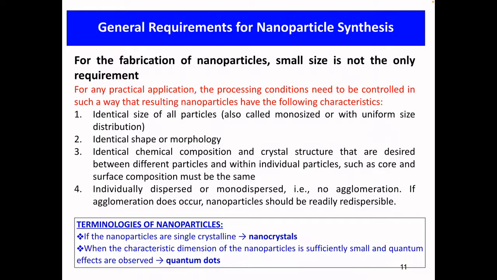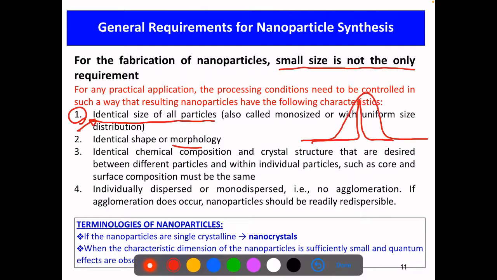And if you want to have an identical shape or morphology, okay? If you have never heard of this term before, please, again, look it up. So your particles can be in triangles, in squares, in circles or whatever, and each shape and each size, each morphology changes the results that you obtain from your application area.